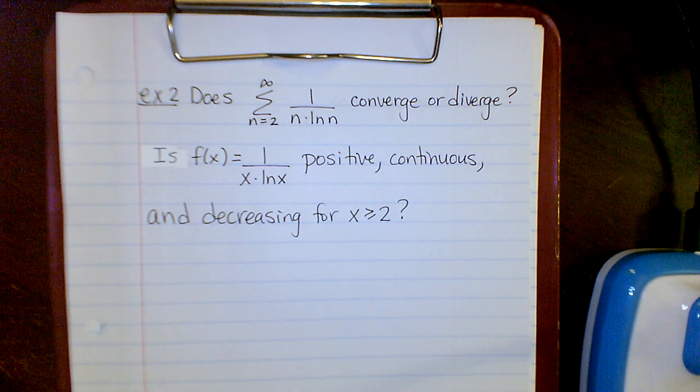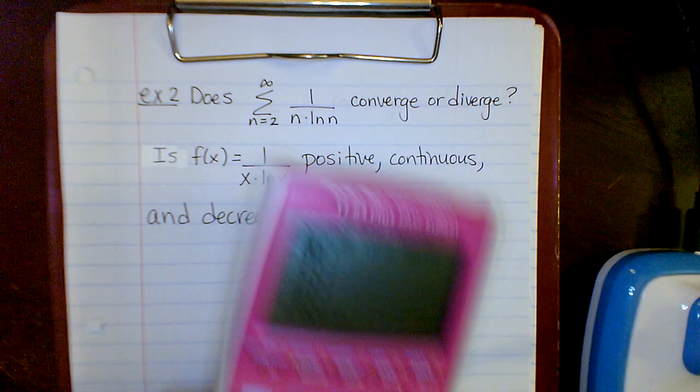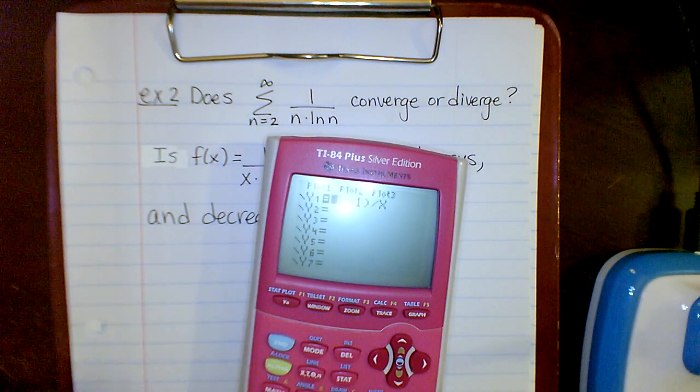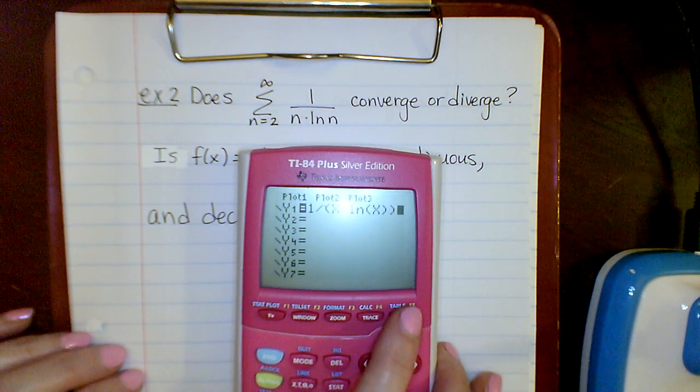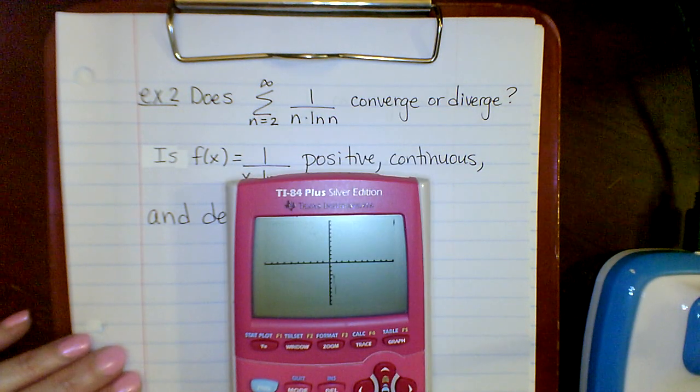Okay, so we bust out the calculator. So let's get a graph of what this is going to look like. 1 over x times the natural log of x. Let's see what it looks like.